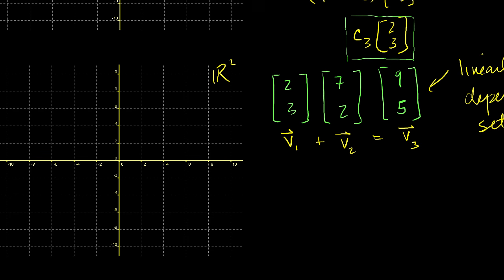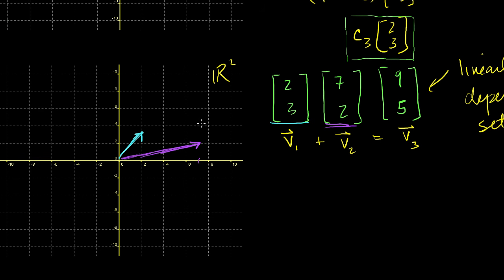For example, if we do the vector 2, 3, that's the first one right there, drawn in standard position. And I draw the vector 7, 2, right there. I could show you that any point in R2 can be represented by some linear combination of these 2 vectors.